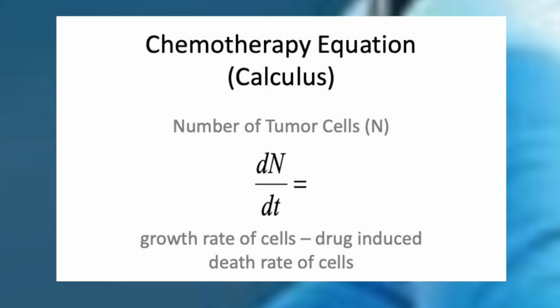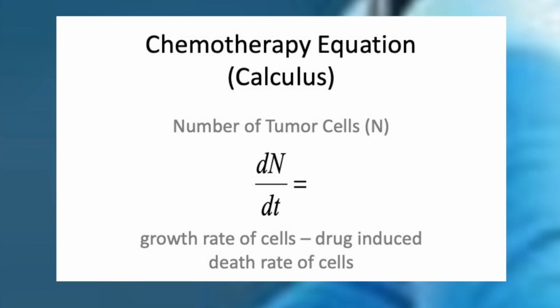Very simply, change is defined through calculus. Here we see the number of tumor cells, that is N, and after time t, what will be the change in N? It is defined by d/dt, the derivative of N with respect to time t. It is just defining the change in tumor cells, because chemotherapy is applied for changing the tumor cells.